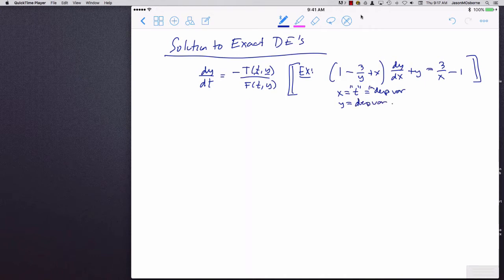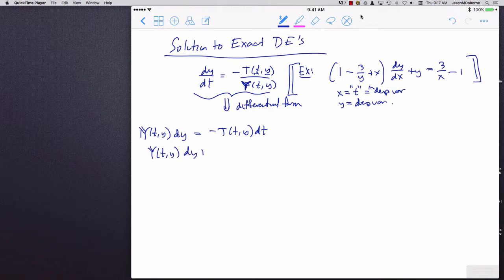The way one would tackle this problem is to get the differential equation into differential form, which involves multiplying both sides by capital Y, sorry, multiplying both sides by dt, and then adding the T to the other side equal to 0.